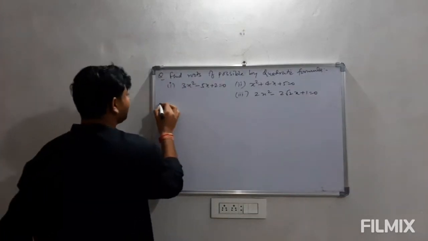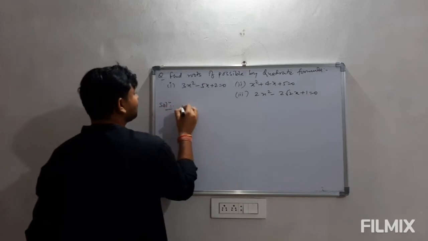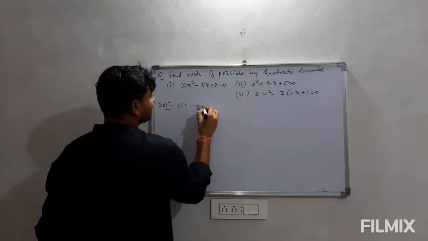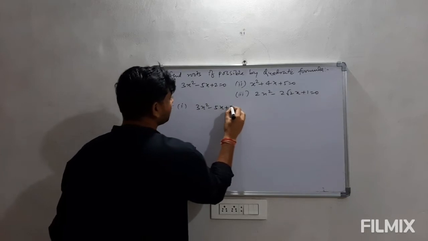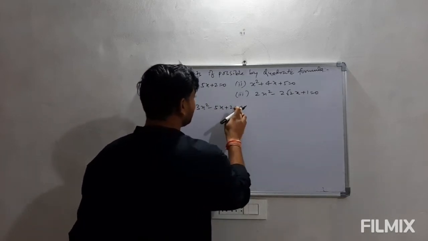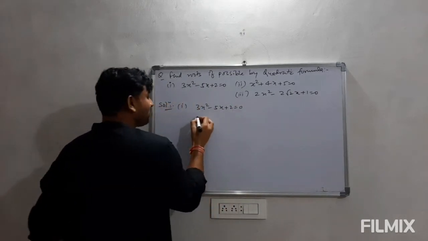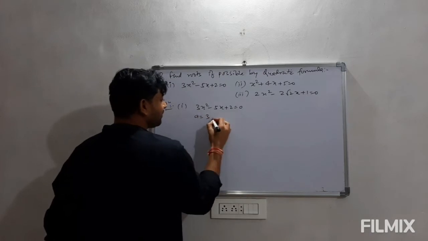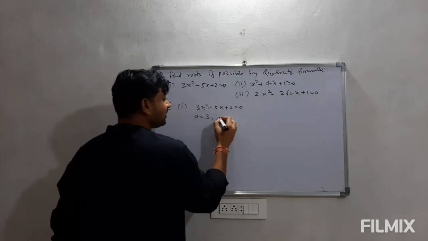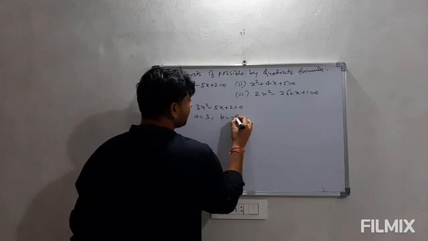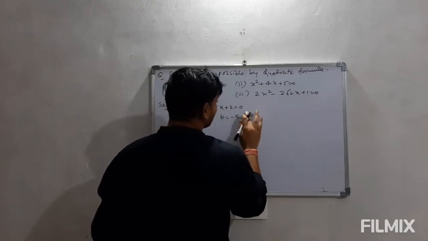Here, if we talk about equation 1, this is 3x square minus 5x plus 2 is equal to 0. This is the equation we have. First of all, let us write the values of a, b, c. a is clearly the coefficient of x square, 3, the value of b is minus 5, and the value of c is 2.